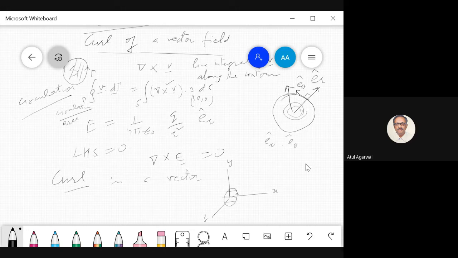Similarly, you take a circle in XZ plane. Now your normal vector is in Y direction. You find circulation of your vector field, divide by this area, and you will get a component in Y direction. So that's where you get 3 components of a curl.